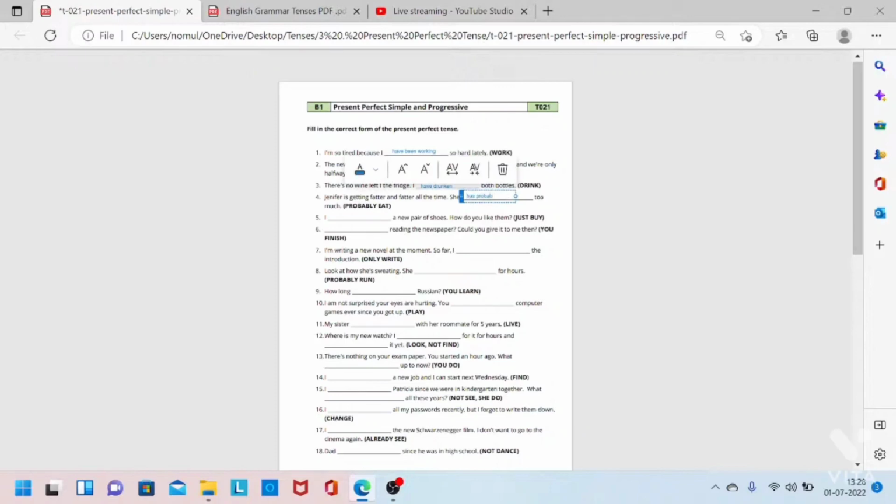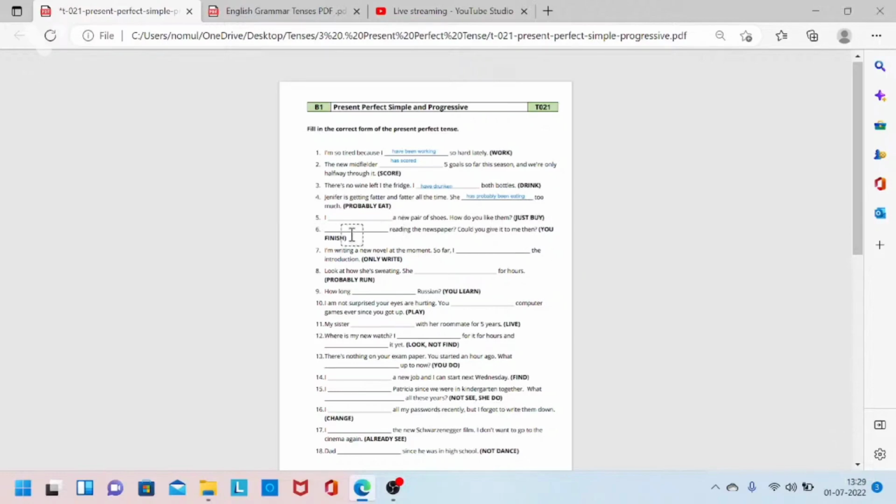Am I right? She has probably been eaten or been eating? Yes, been eating. Jennifer is getting fatter and fatter all the time. She has probably been eating too much. Yeah, this is correct.